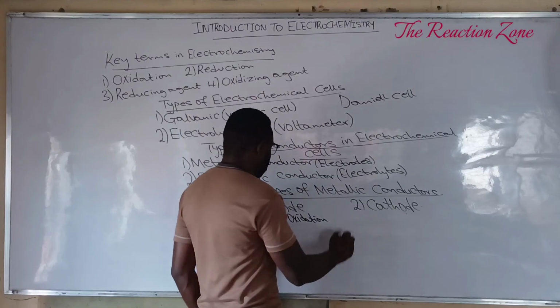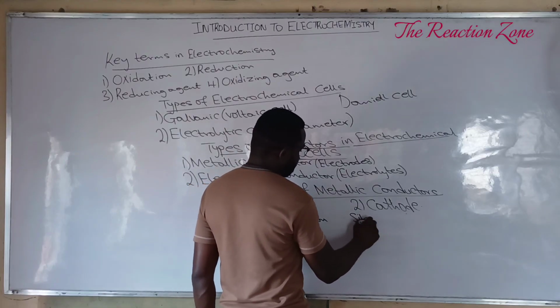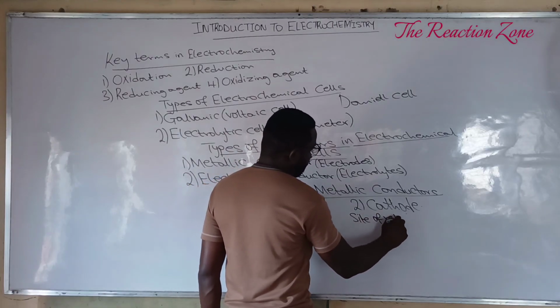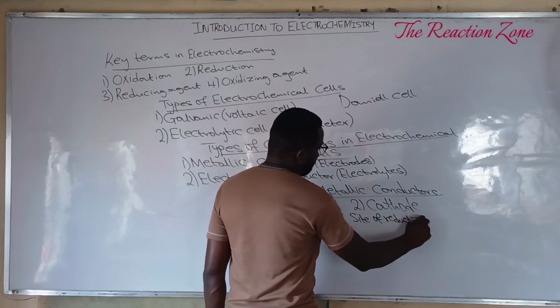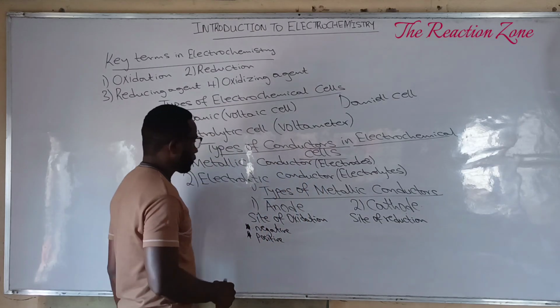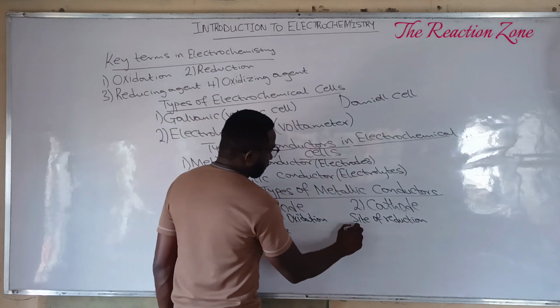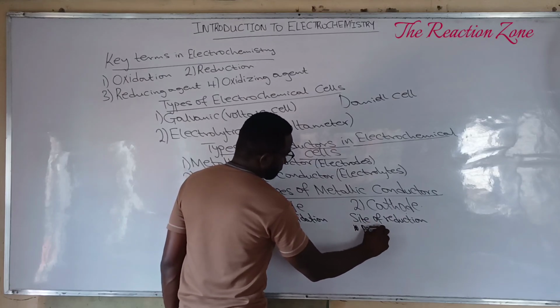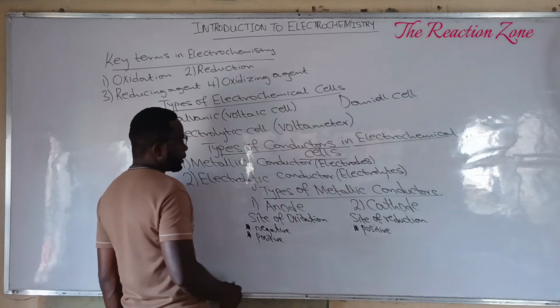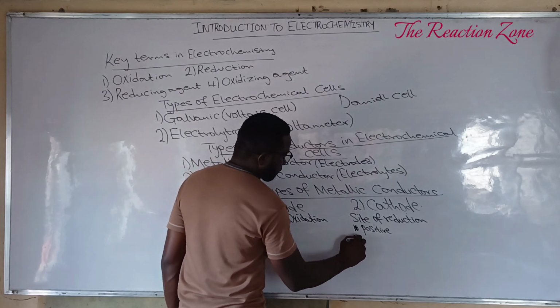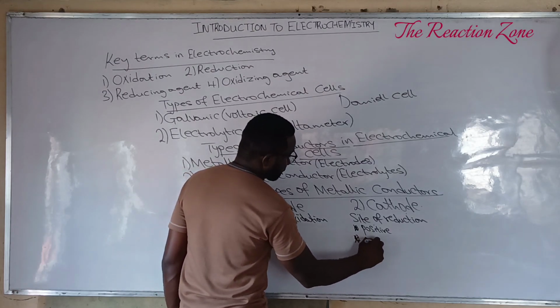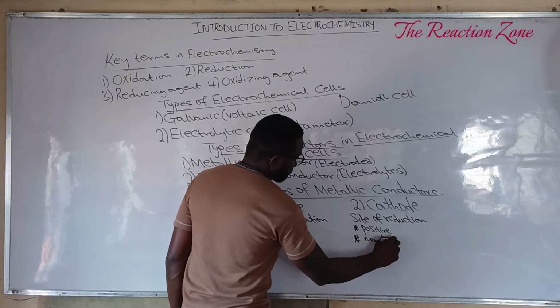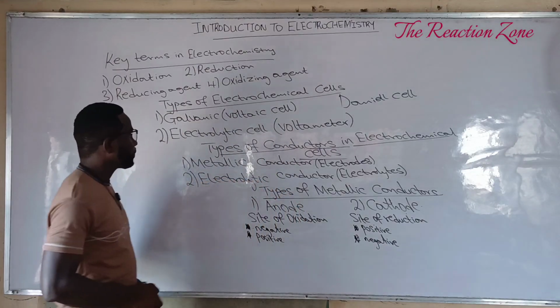The cathode is the site of reduction, meaning that it is where reduction takes place. In a galvanic cell, the cathode is the positive electrode, and in an electrolytic cell, the cathode is the negative electrode.